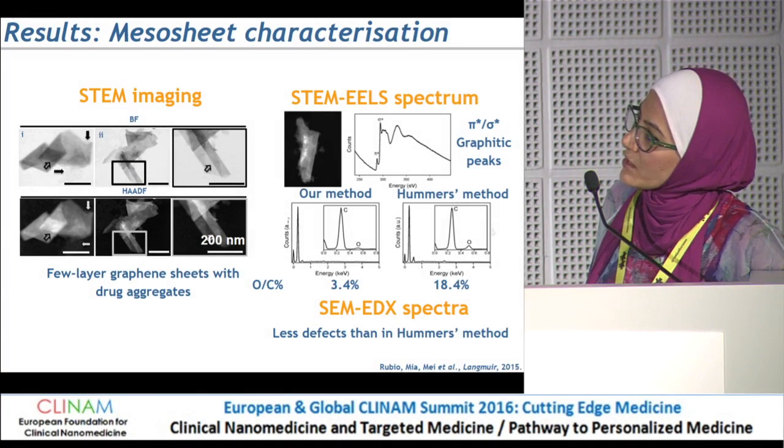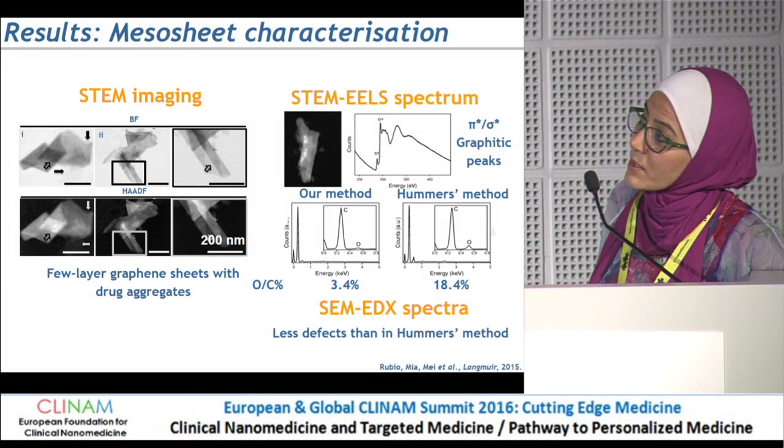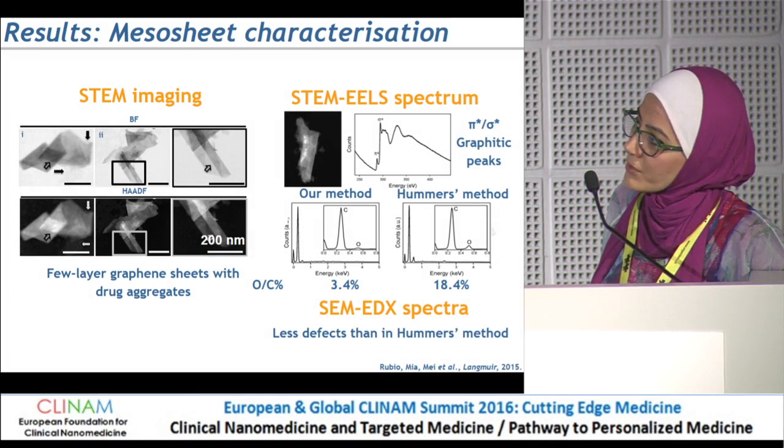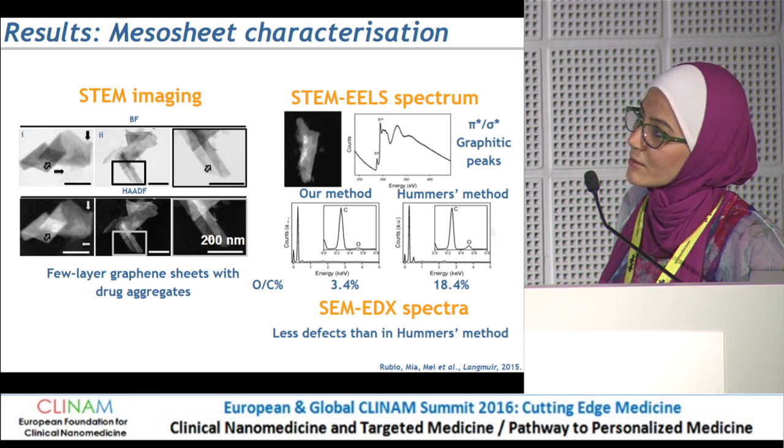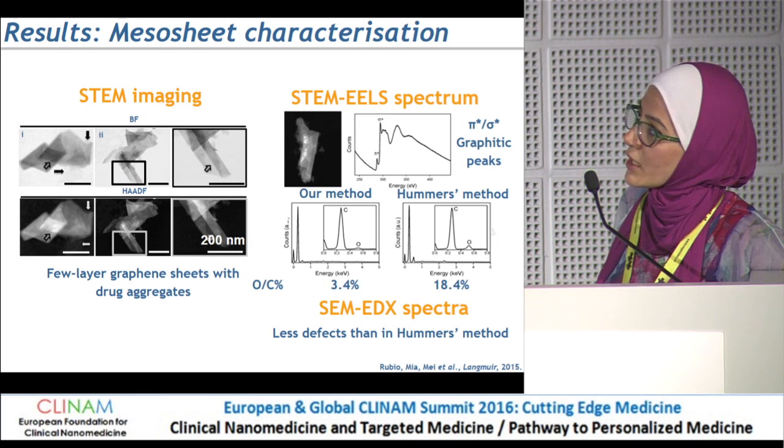These are again STEM images. You can see the folding of the material here. You can also confirm the presence of the drug aggregates on the mesosheets. And by looking at the Raman spectrum, you can also confirm that you maintain the graphitic structure of the graphene layers.